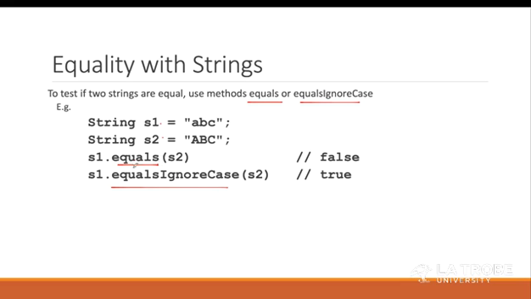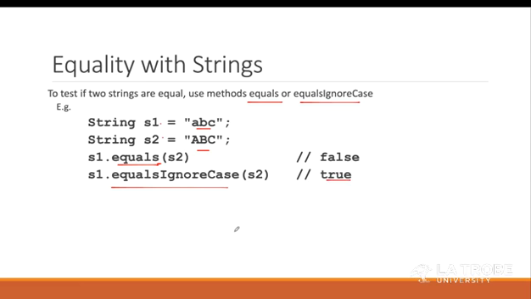So in this case, S1.equals(S2) will be false, because if you are just using equals, then they are not the same. This will be treated as lowercase and this as uppercase. But if you are using equalsIgnoreCase, it will ignore the case and result in true.